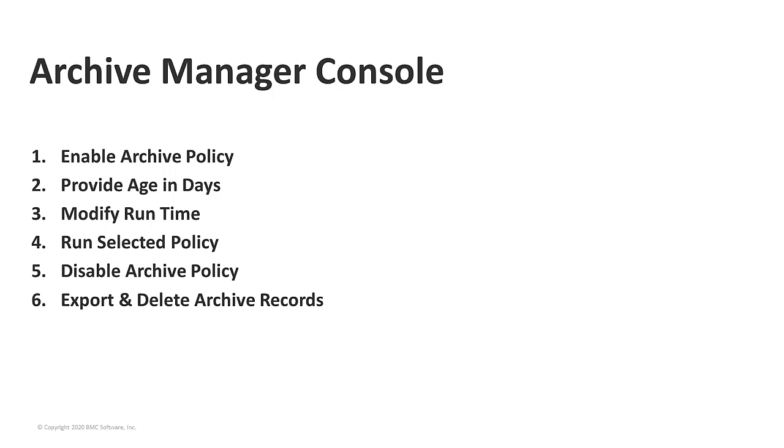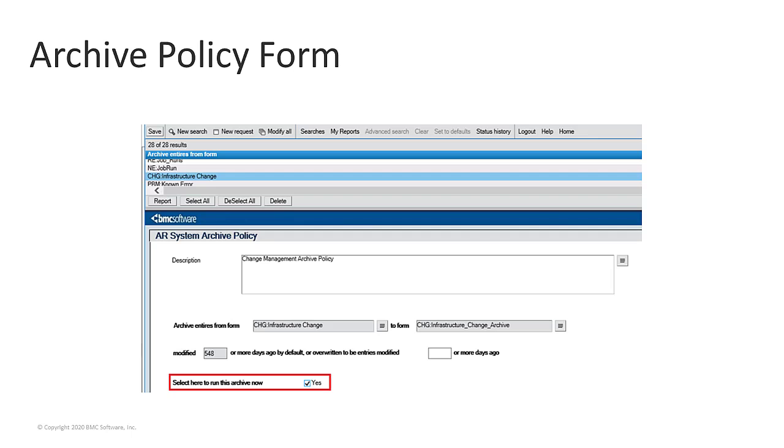We can control the settings of continuous as well as manual archiving from this console. We will get into more details of Archive Manager Console during the demo. This is the screenshot of how the backend form, the AR System Archive Policy form, looks.